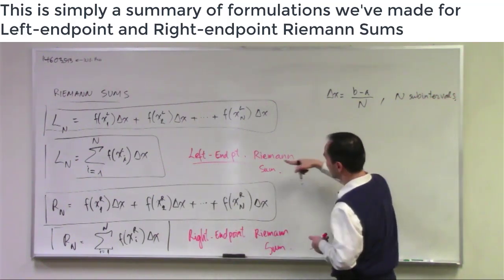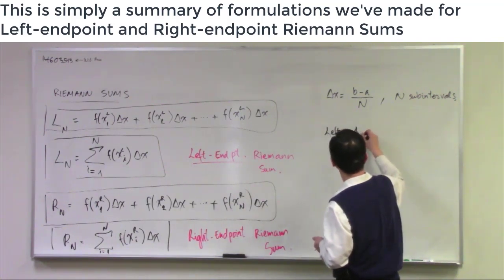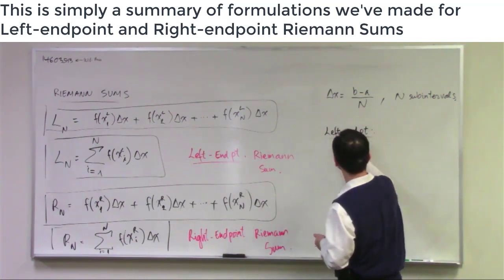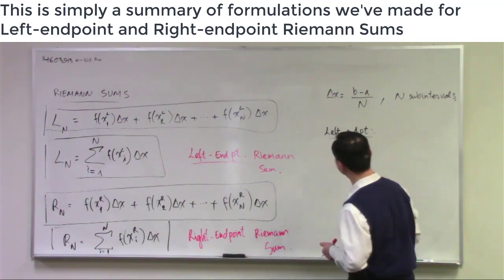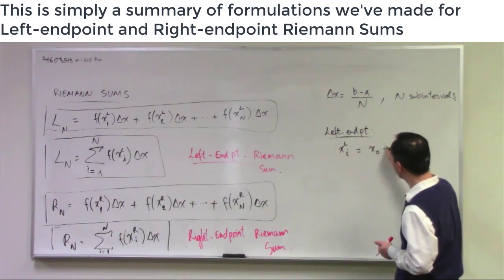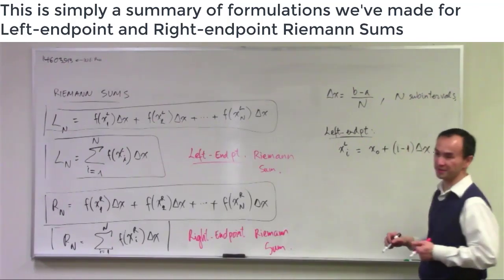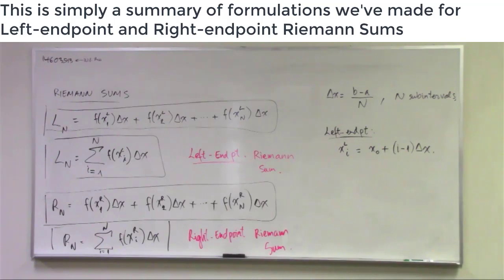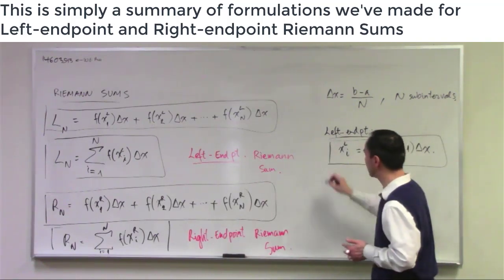And for the left hand point, each left hand point that we're looking at, the left hand point at the I interval is really x of 0 plus I minus 1 times delta x. Remember that development I've had from the earlier lecture? Okay.